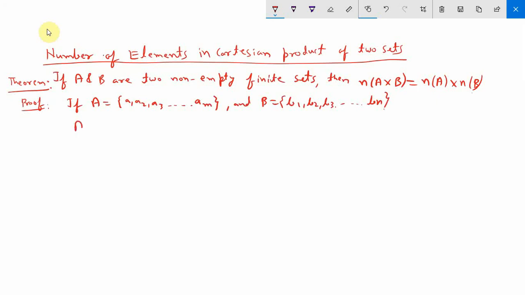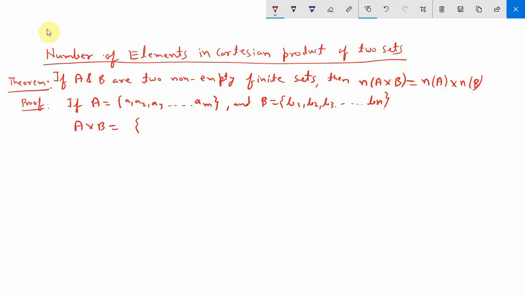So we can write A × B is equal to, see, first we will take first element of set A and then form ordered pair with each element of set B, and next we will do with second element of set A and all the elements of set B and so on.